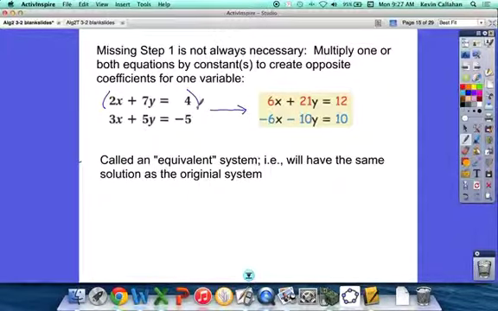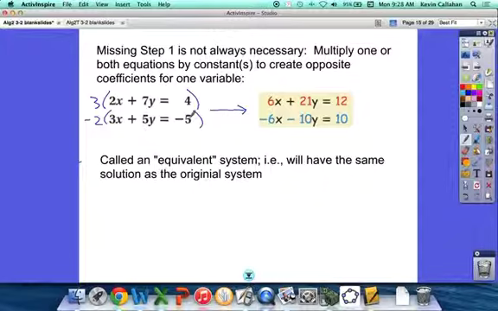Find some value, and you don't have everybody pick the same thing and still get the answer right. So let's say 3 times 2x is 6x, 3 times 7y, 21y, 3 times 4 is 12. What does it look like they multiplied the bottom equation by to make this? Negative 2, right? So negative 2 times 3x, negative 6x.